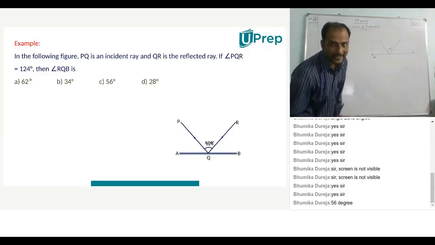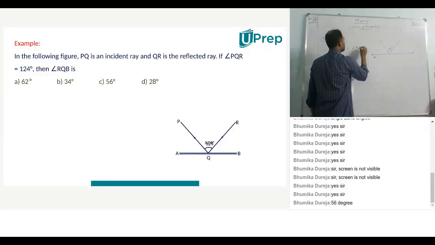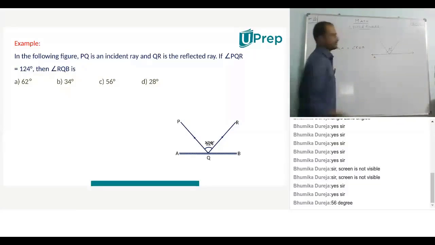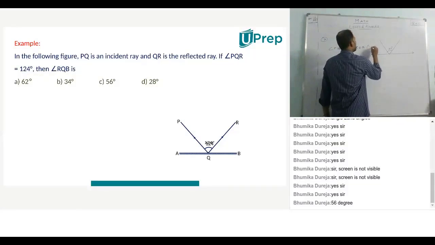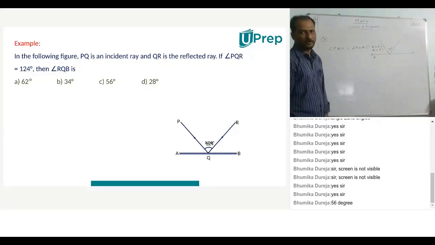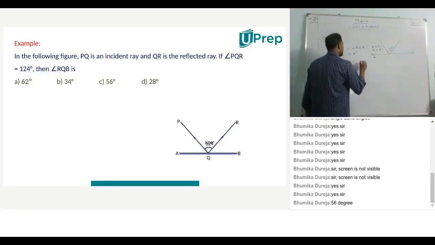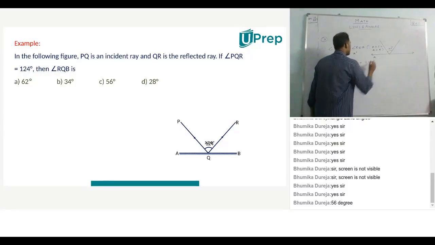Right, absolutely right. Angle PQA is equal to angle RQB. In the bracket, we will write AOI is equal to AOR, means angle of incident is equal to angle of reflection. So let us name it as x degrees. So according to the question, x plus 124 plus x will be equal to 180 degrees.